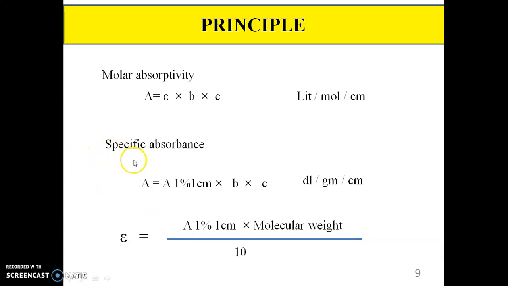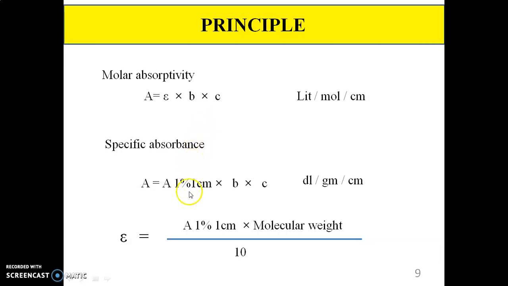The meaning of the specific absorbance is the absorbance of a 1 gram per deciliter solution in a 1 centimeter cell, whereas the meaning of the molar absorptivity is the absorbance of a mole per liter solution in a 1 centimeter cell.